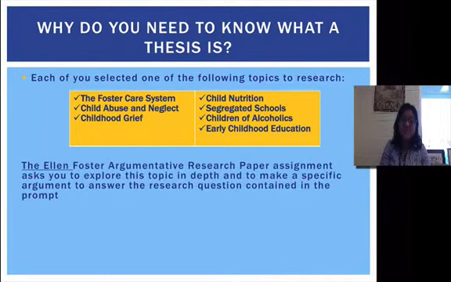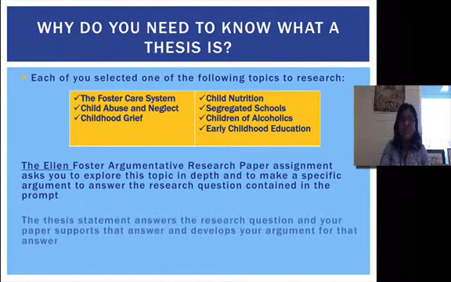What I've asked you to do in researching this topic is to make a specific argument about this topic and answer the research question contained in the prompt. So what your thesis statement does is it answers that research question, and then your paper, the 4 or 5 pages you will write, develops the argument that answers that question.